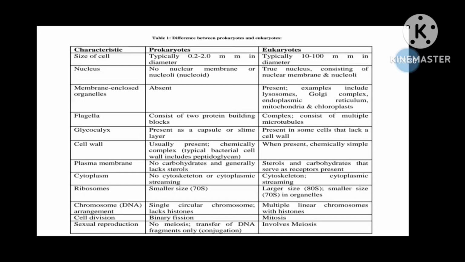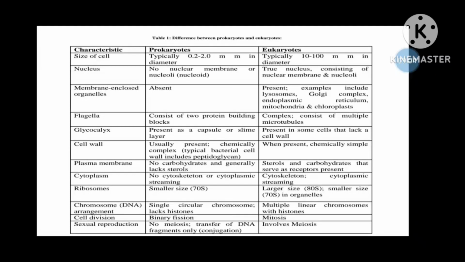But in eukaryotic cells, the membrane enclosed organelles are present, like lysosome, Golgi complex, endoplasmic reticulum, mitochondria, and chloroplast. These cell organelles are present in your eukaryotic cells. These organelles are membrane bound organelles.